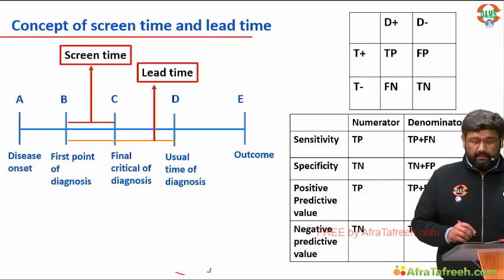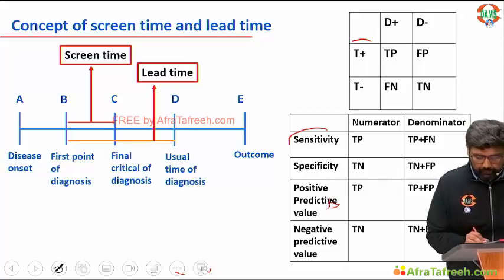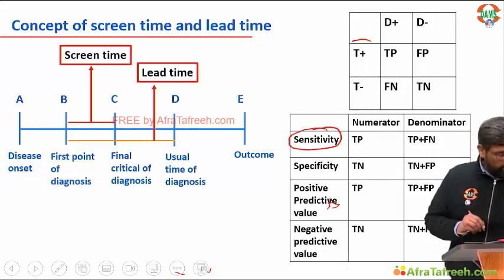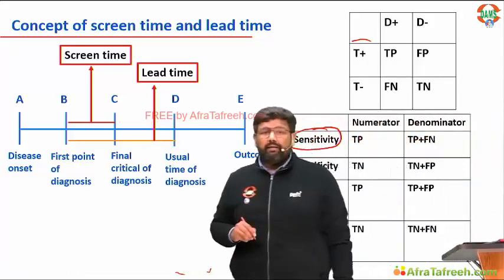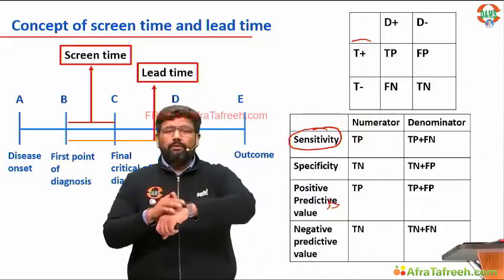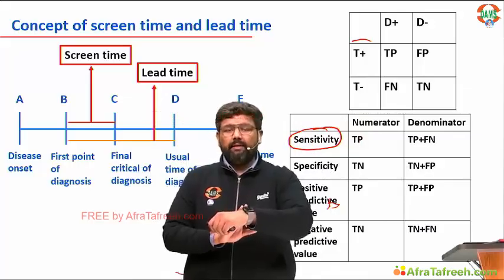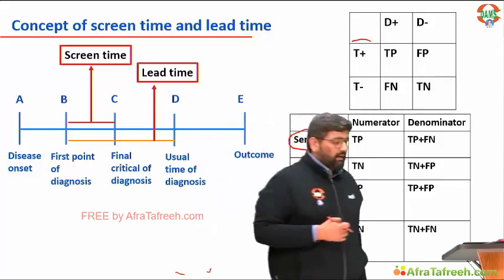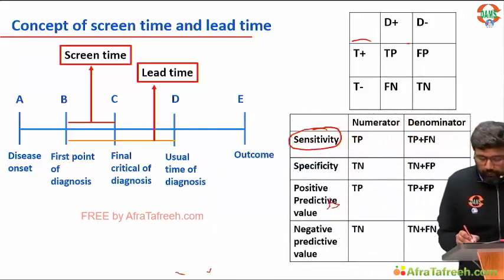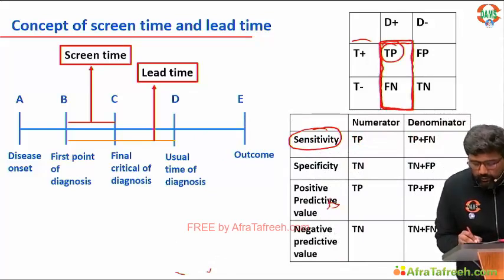Now, guys, listen here. What is sensitivity? Suppose my watch tells me the BP. This is my screening test, right? So sensitivity is, out of total diseased, how many are true positive?